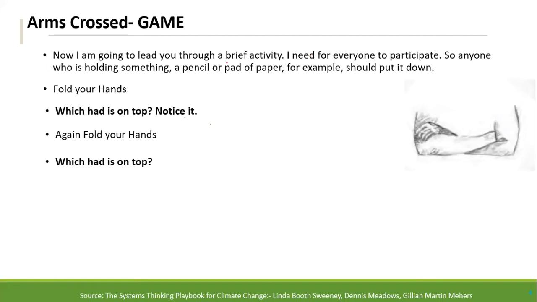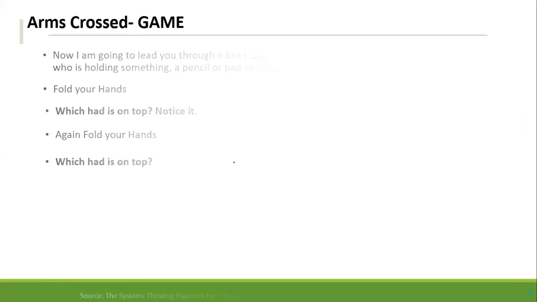So let me take out the inference from this activity. Half of you had left hand on the top and half of you had right hand on the top, right? And both times you had the same hand. Is it correct for everyone? So if your right hand was on top the first time, the second time also it was the same.